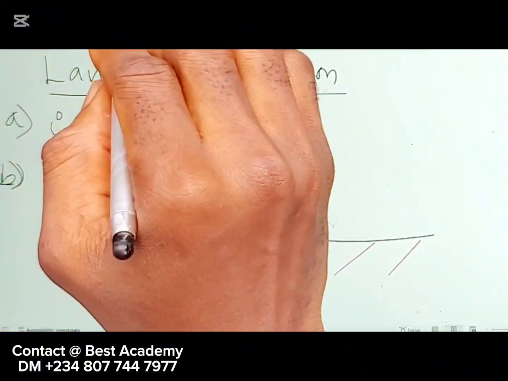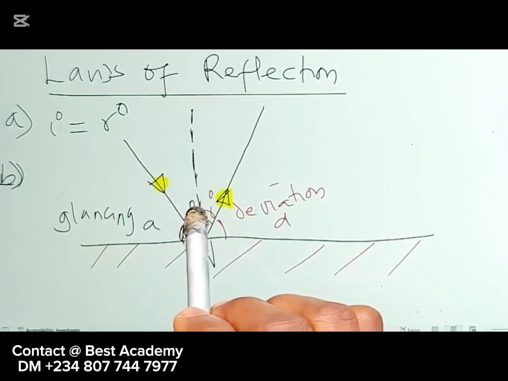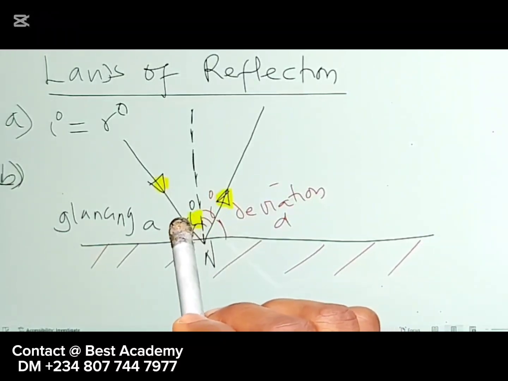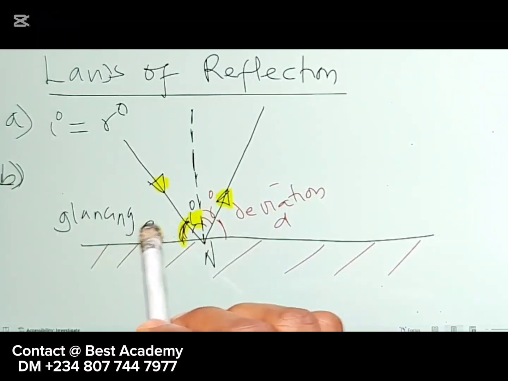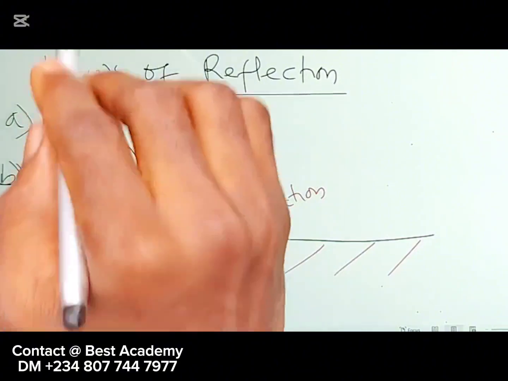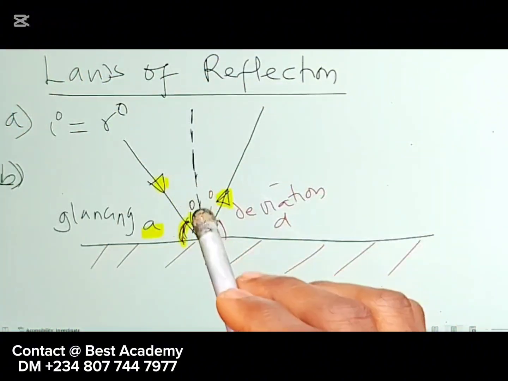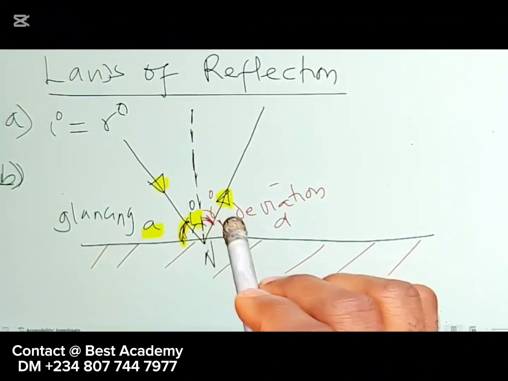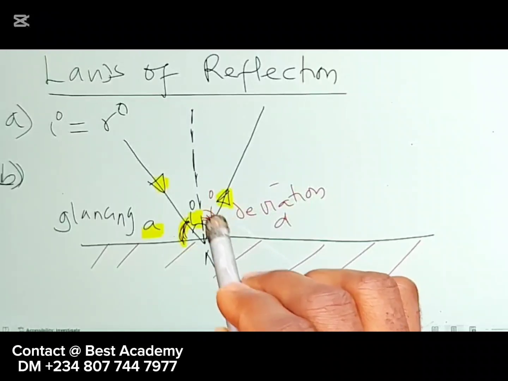So whenever you locate your incident angle, downward to this is called the glancing angle. Whenever you locate your reflection, downward to this is called the deviation angle.